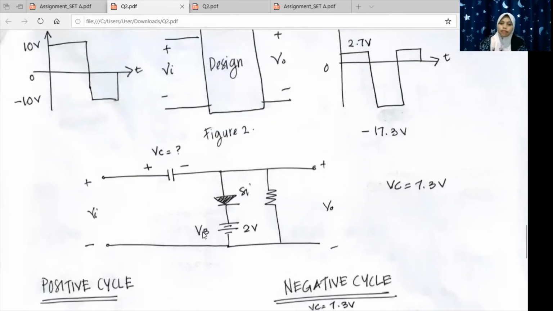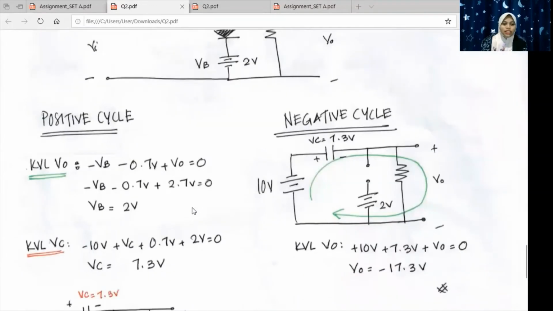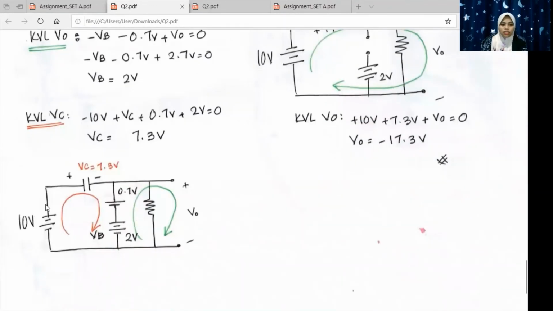I name it VB. To decide on the polarity for this diode is actually by trial and error. I tried the positive cycle first. For the positive cycle, this is the equivalent circuit.